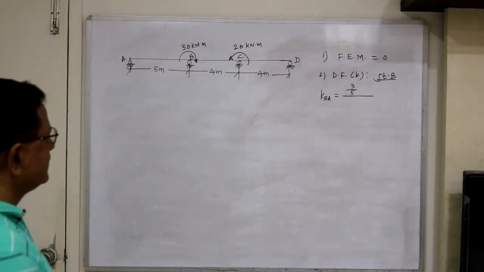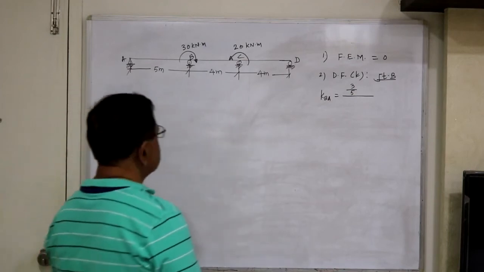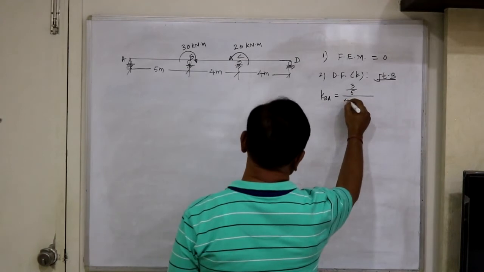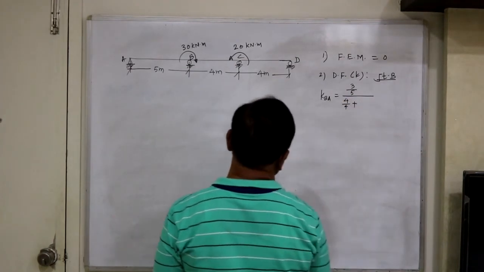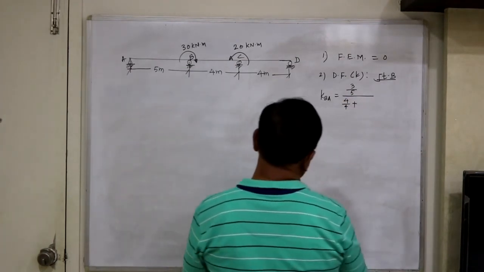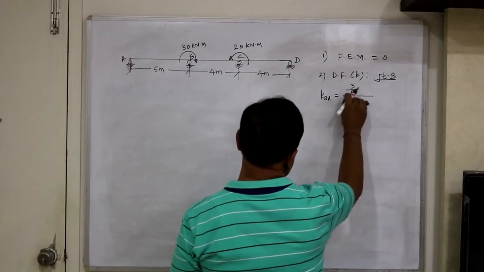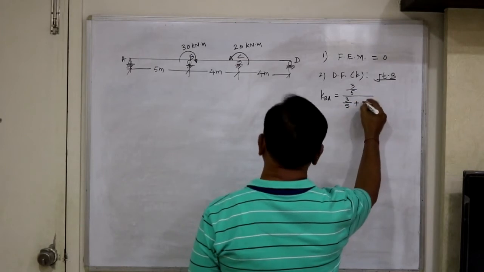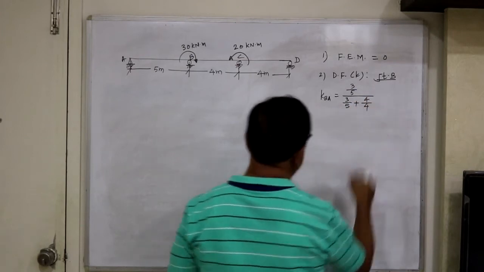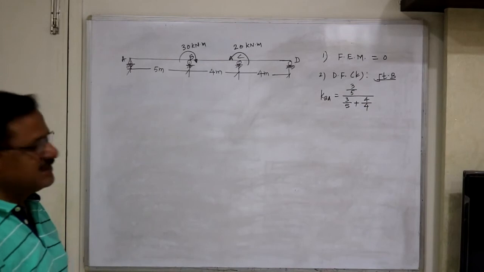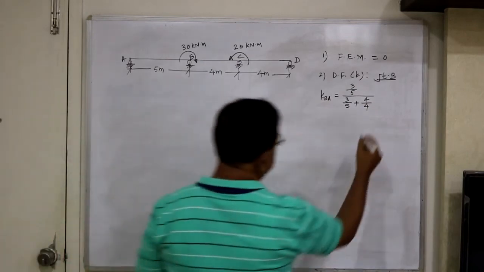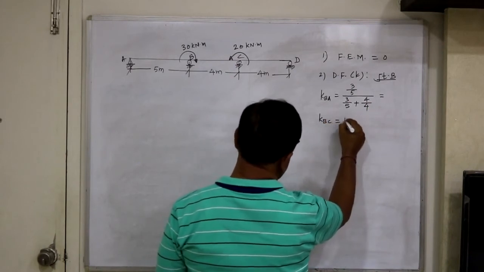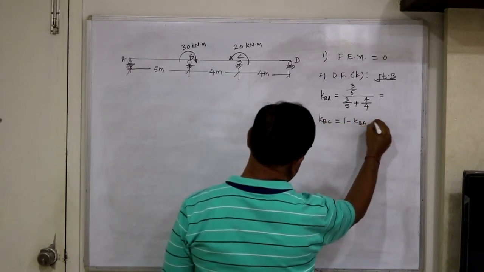So directly I will write 3 by L, L is 5, and C is continuous, so this is 4 by 4. Total stiffness: stiffness of BA, that is 3 by 5, plus stiffness of BC, 4 EI by L, L is 4, so it is 4 by 4. So you find this, and KBC equals 1 minus KBA.